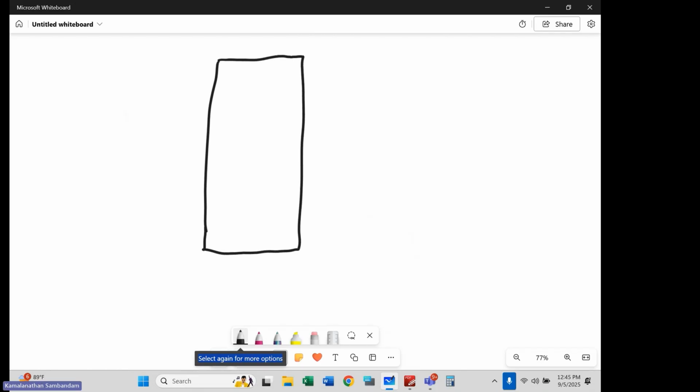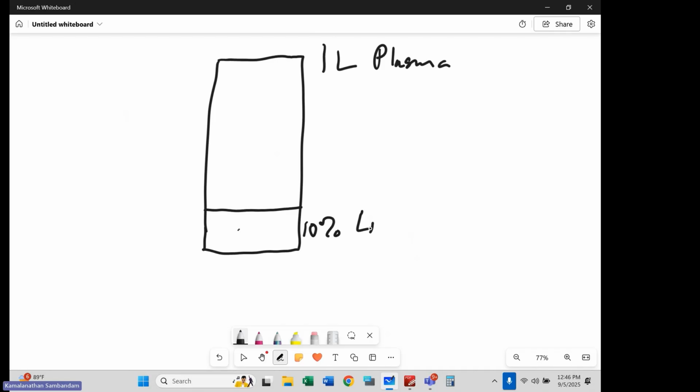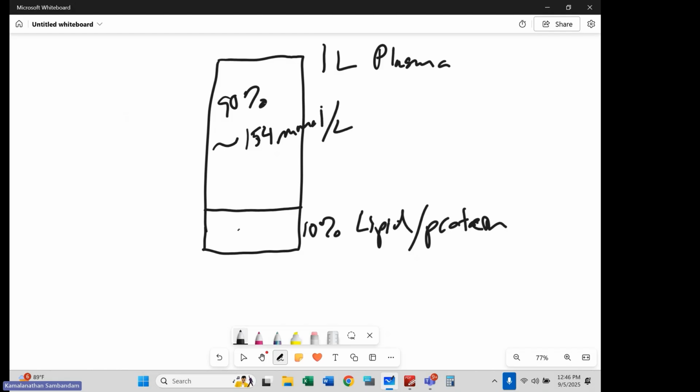The reality of normal physiology is that 1 liter of plasma has roughly, let's say, about 10% or so of lipid and protein, okay, and about 90% water. The sodium concentration in that 90% water is roughly, I'm going to just say 154, so everything fits nicely, millimoles per liter, okay?